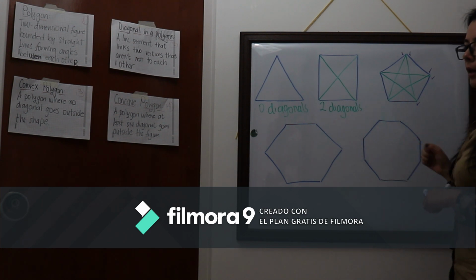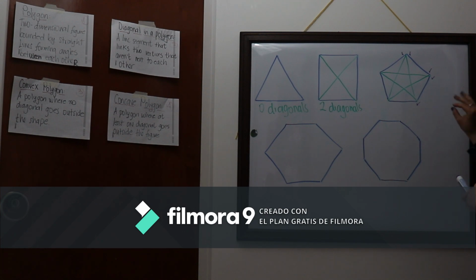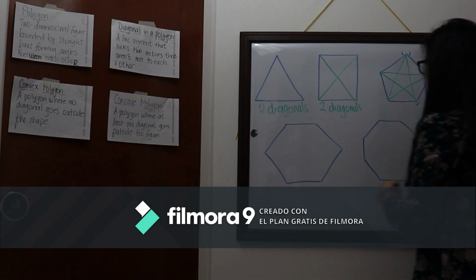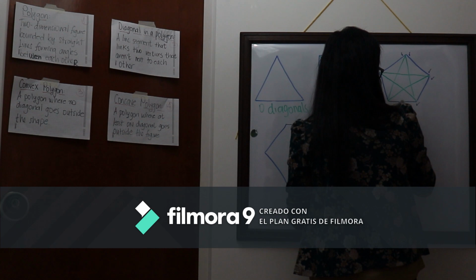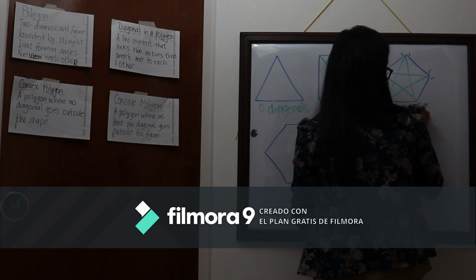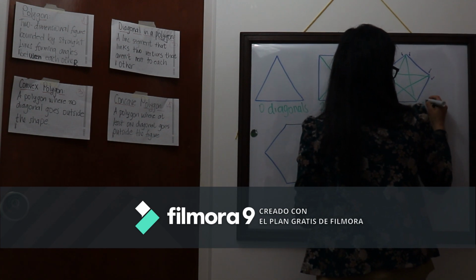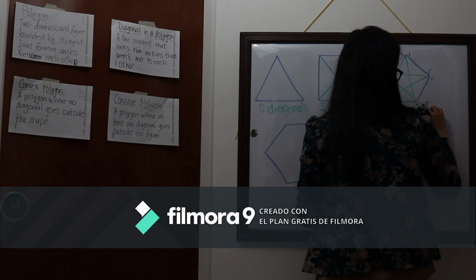It's the same thing. So if my calculation is not wrong, then I should be able to have the amount of diagonals, which is 5, right? So 5 diagonals right here is what we're gonna have.